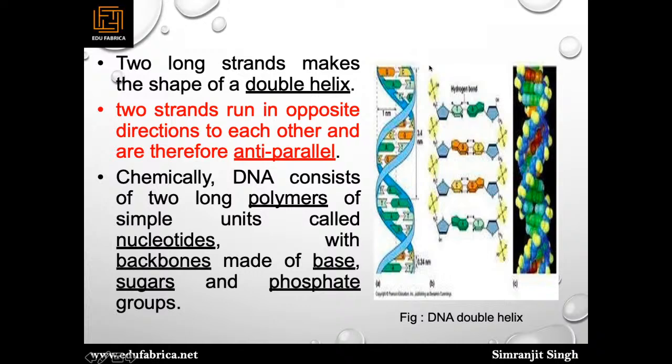On the left side, it's going from the 5 prime end, because we take the 5 carbon from here, and it ends at the 3 prime carbon end. On the other side, it goes opposite, from the 3 prime end to the 5 prime carbon end. So this way, we have this anti-parallel structure of our DNA, which is a polymer of nucleotides with a backbone made of sugars and phosphate groups.